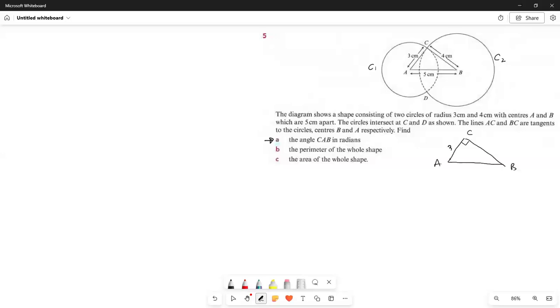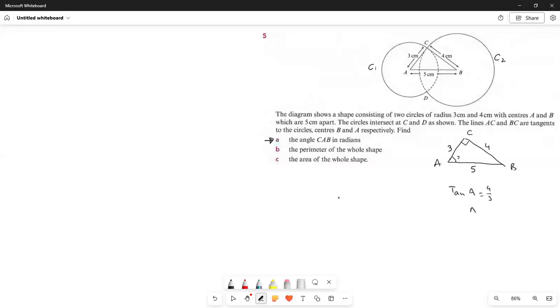This length is 3 centimeter, this length is 4 centimeter, and this angle we have to find out. And of course, this length is 5 centimeter, is given. So how should we start? You can see if I take the tangent of this angle, that means the tangent of angle A, it is going to be 4 by 3.